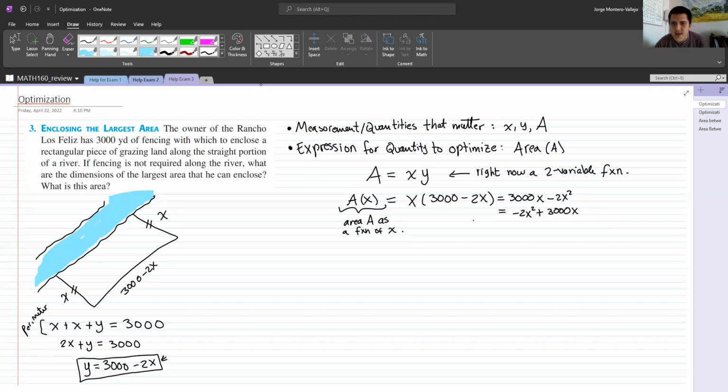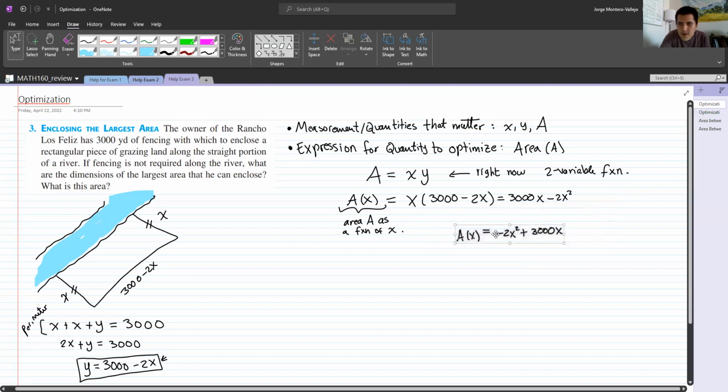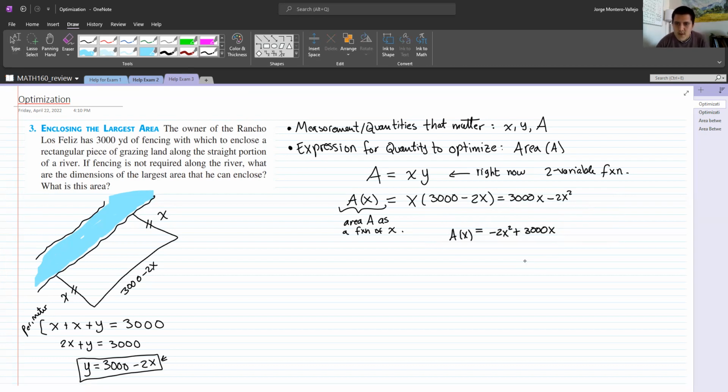This is the expression to optimize. I want to move this over here and write, this is the expression to optimize. Let's use this color, green.